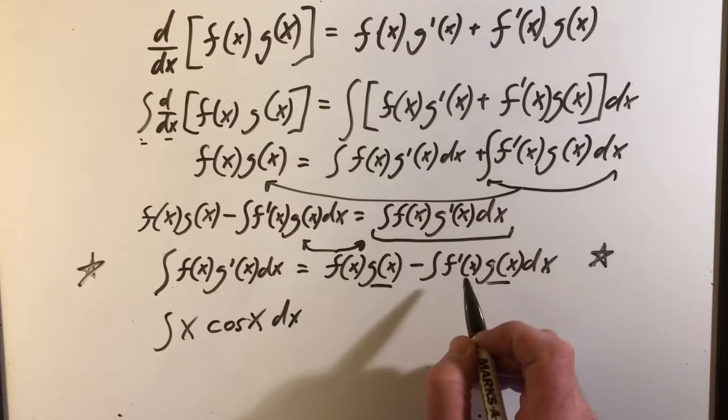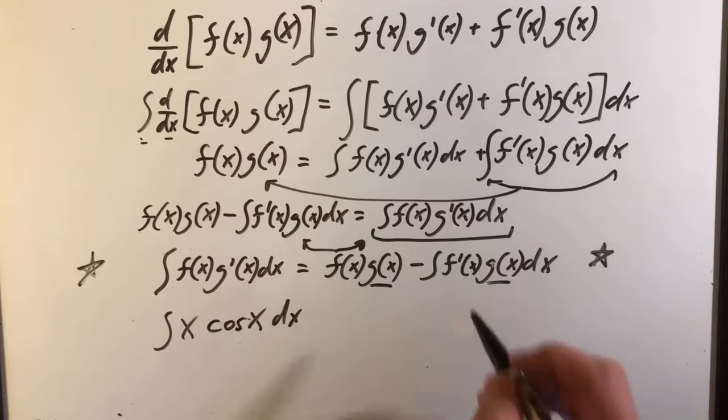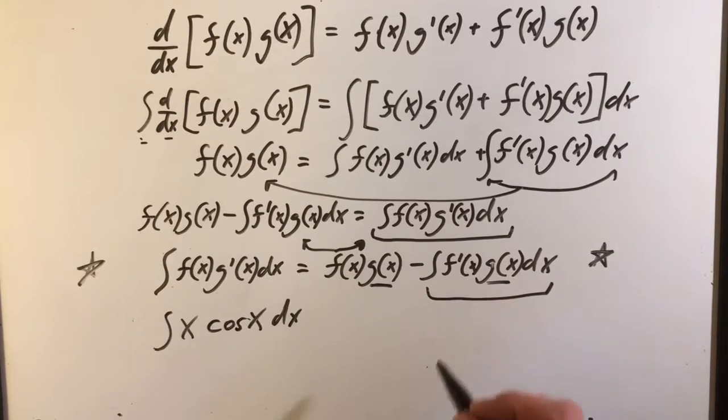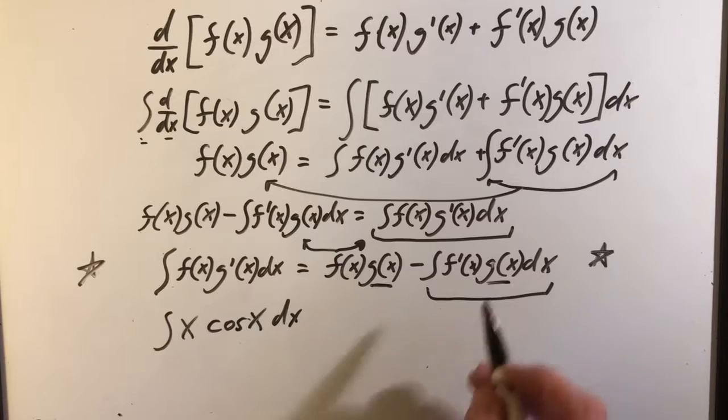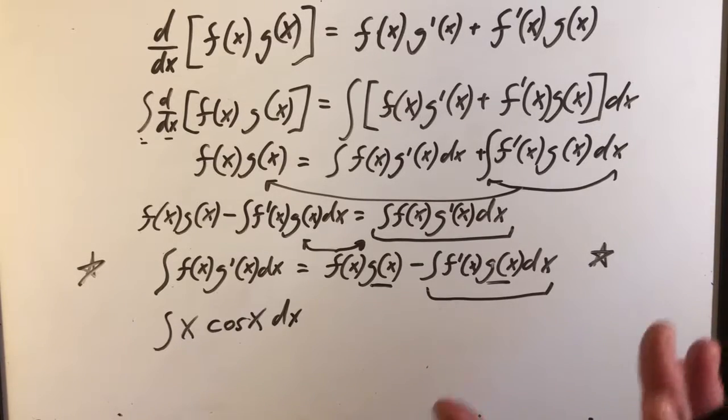And then you take the derivative of f of x over here. So the whole point behind this is to make sure that this integral that you have left is not more complicated than the original integral here.